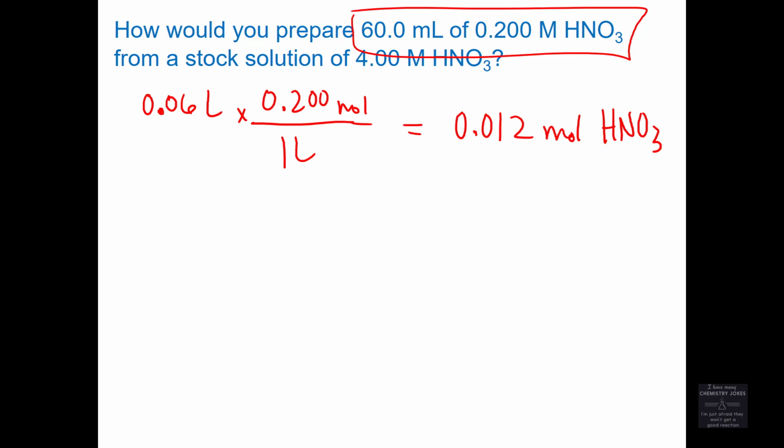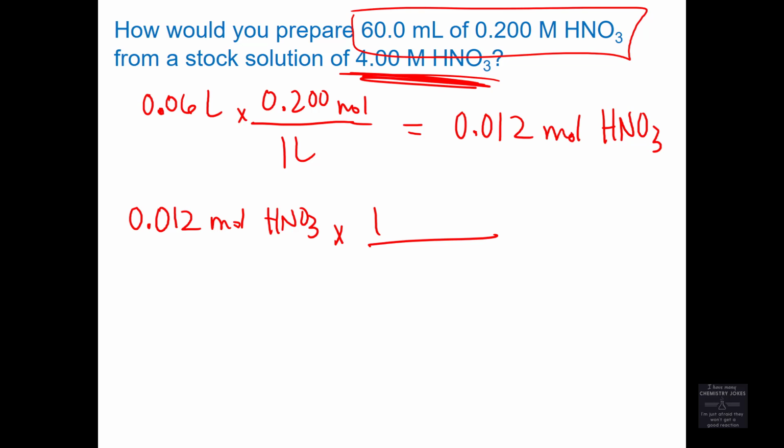So if I need that many moles, how much of this concentration solution am I going to need to get that many moles out of it? I can do another conversion: this many moles HNO3, times 1 liter of solution in this 4 molar stock solution they gave me.